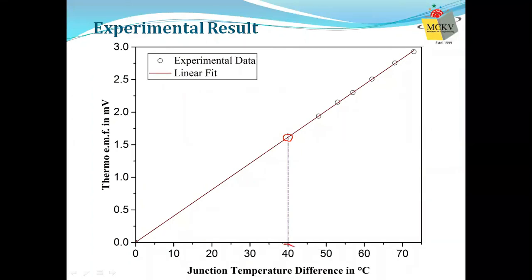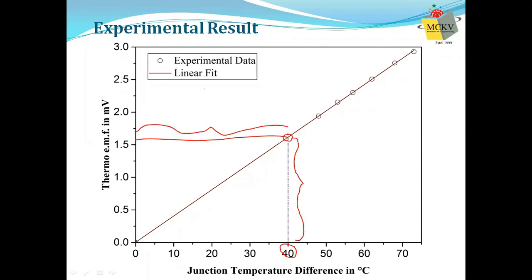This is the temperature difference 40 and this is your EMF value. So basically it is this EMF value divided by this temperature difference. That is the power, you know, it is del E by del T.